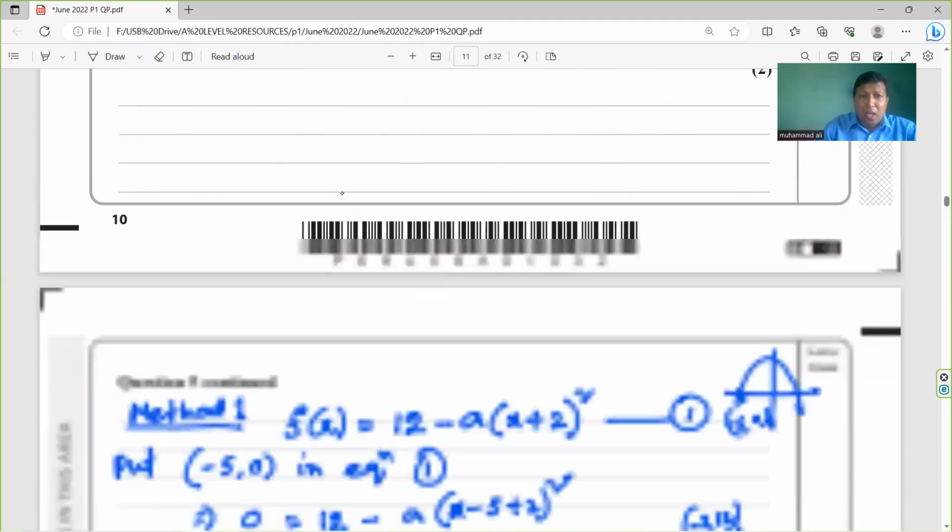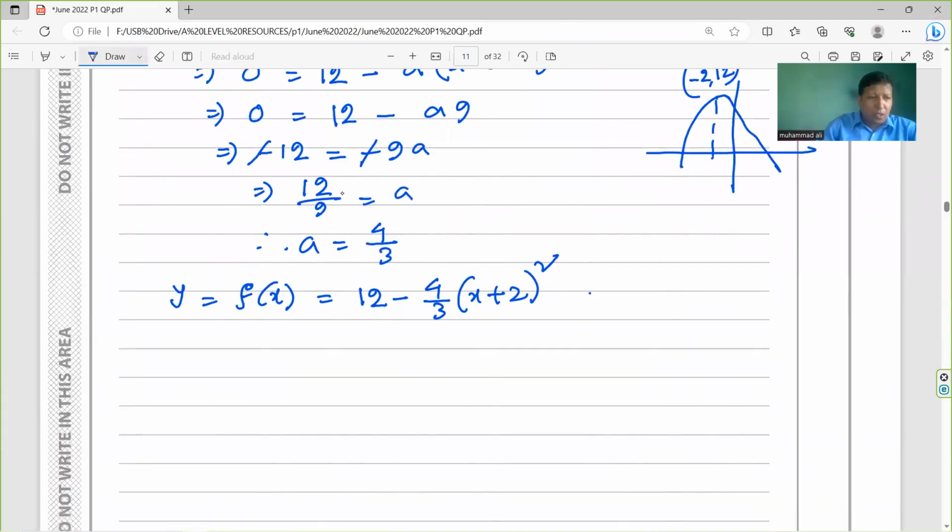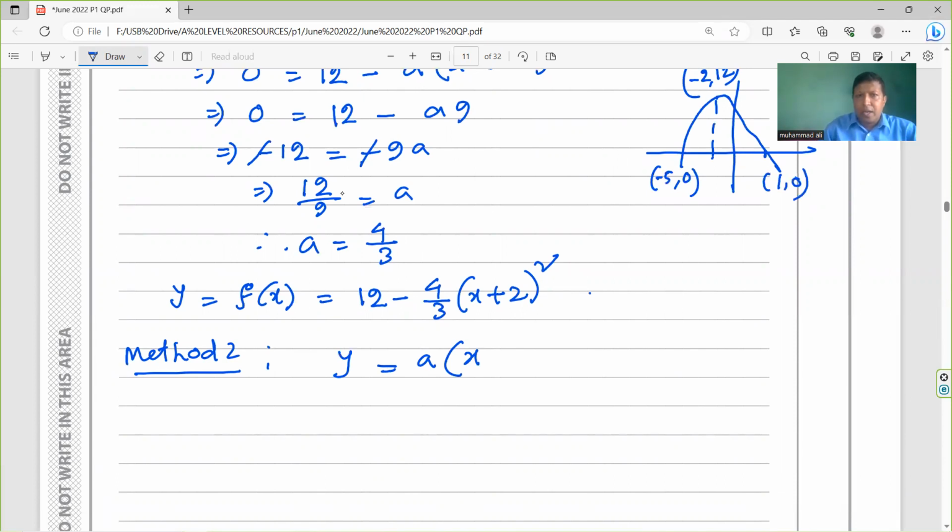So method 2. We can write the quadratic curve y equals a into (x plus 5) into (x minus 1), as the curve passes through (-5, 0) and (1, 0).